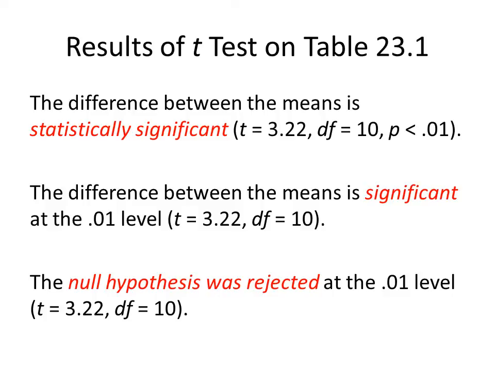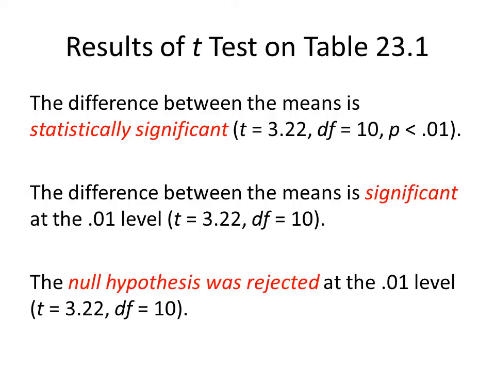So we're reporting the results of our t-test, and we're reporting our degrees of freedom, and we are also reporting our p-values. Now, remember, saying statistically significant is synonymous with rejecting the null hypothesis. In this statement, we're simply saying the difference between the means is statistically significant, and within the statement we are telling you the p-value.